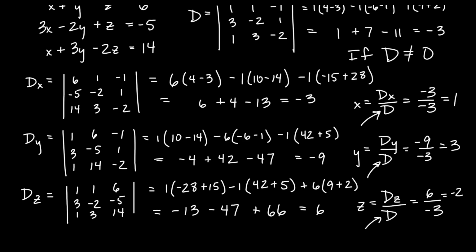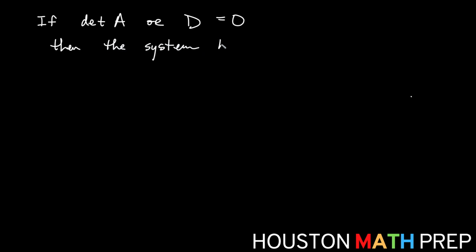So if the determinant is 0, that's going to be one of those weird cases, okay? So if the determinant of A, or what we called in this video capital D, equals 0, then actually a lot of things happen, but with solving systems, the system does not have a unique solution, okay? Has no unique solution.